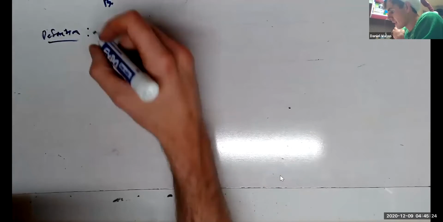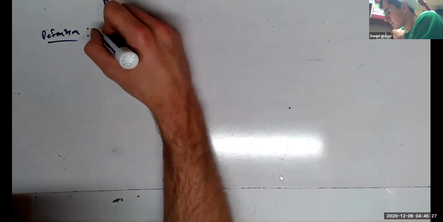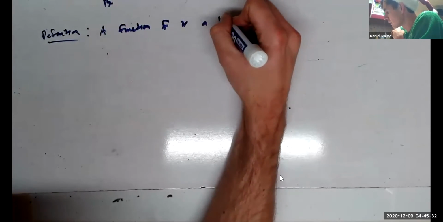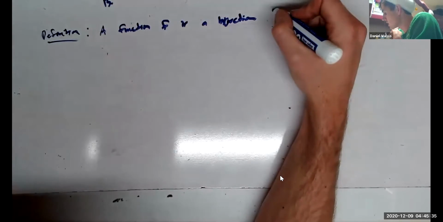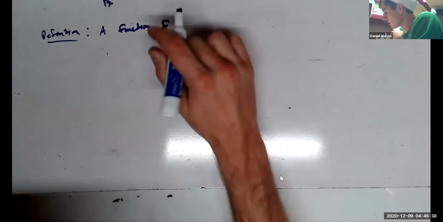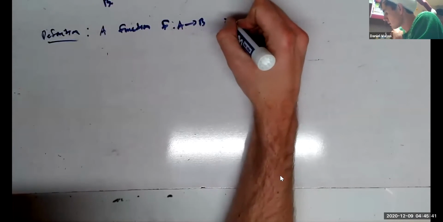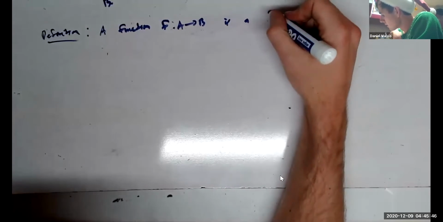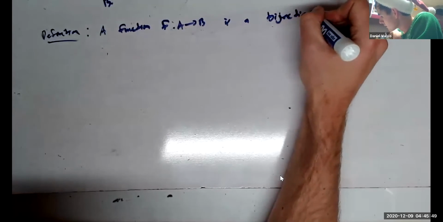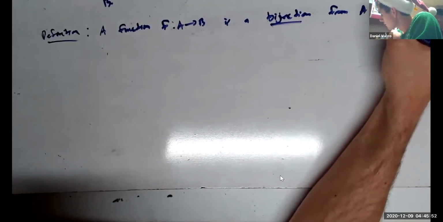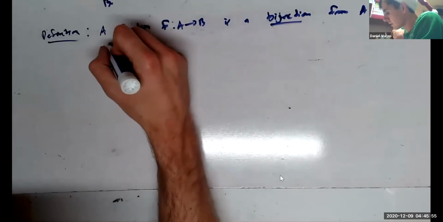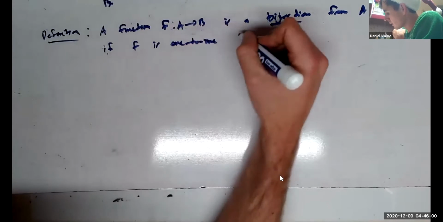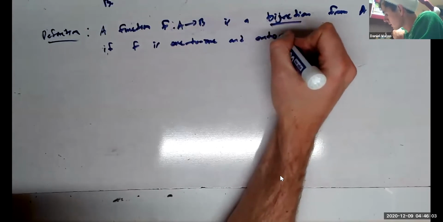So, definition of bijection. A function f is a bijection from A to B if f is 1-to-1 and onto.